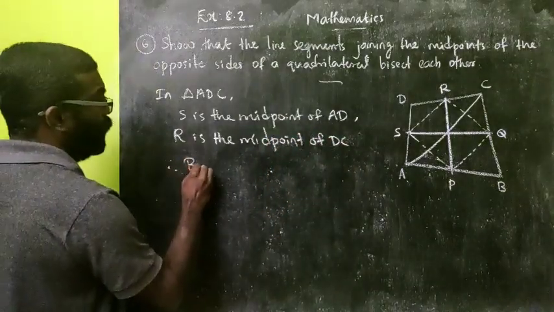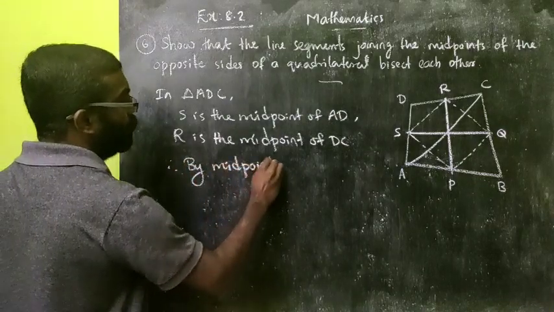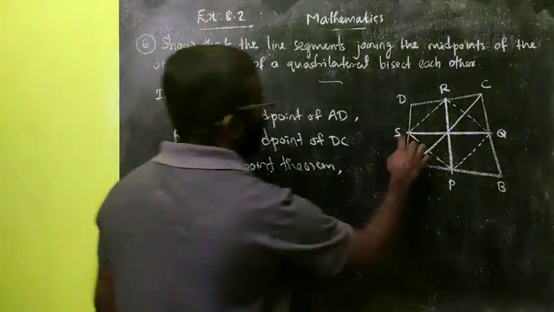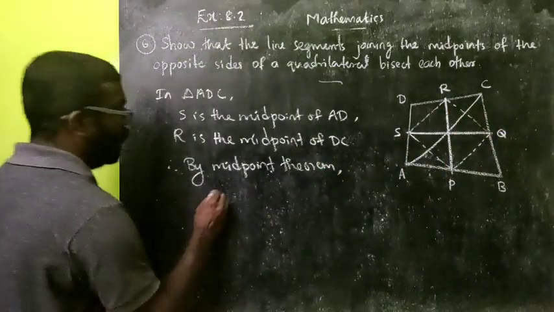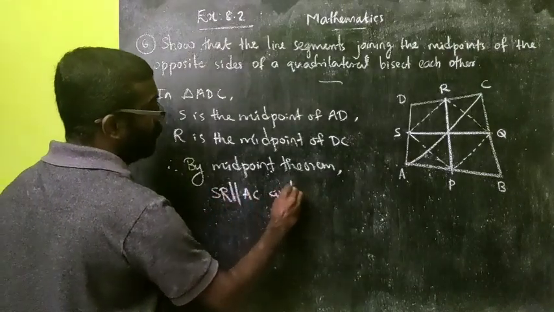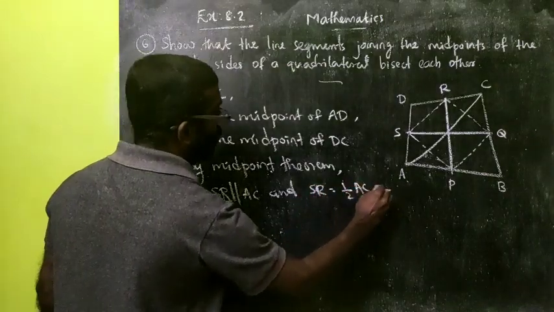Therefore, by midpoint theorem, SR parallel to AC and SR equal to half AC. Take it as equation number 1.